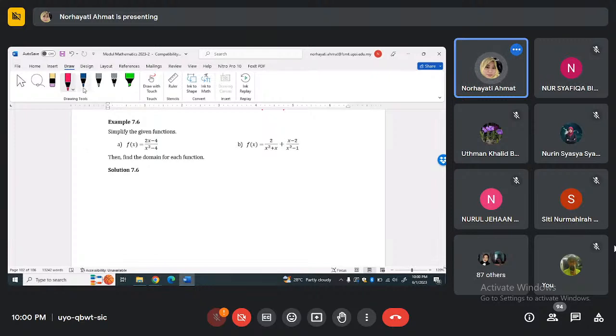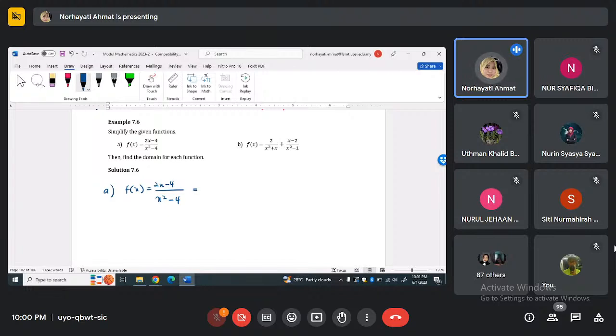Okay, kita kena buang dia punya common factor. Okay, for function A, we have f(x) equals to 2x minus 4 divided by x square minus 4. Okay, so the first thing you need to do is to factorize numerator and denominator.